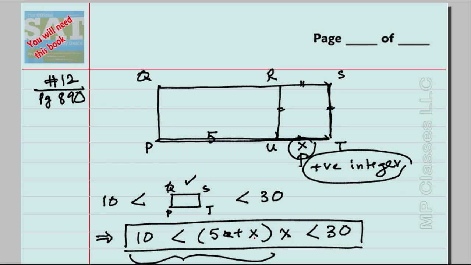I'm directly taking X because it's given as a positive integer. If X is 0, then this becomes 0 and it will not work, so I have to begin with X equal to 1.